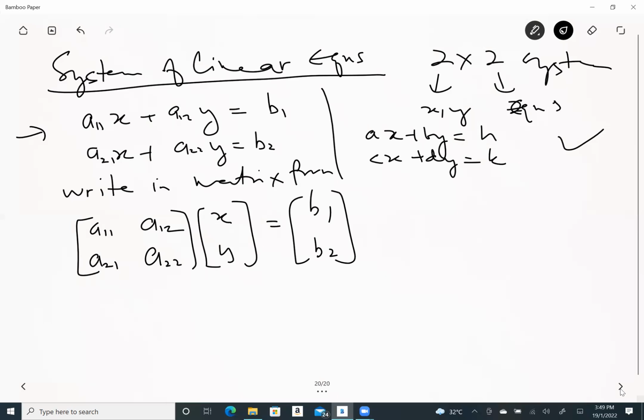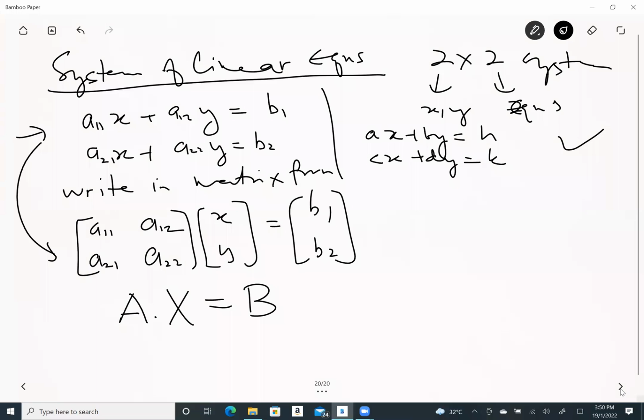So that is the matrix form of the equation. So if you multiply that out, okay, A11X plus A12Y, you got the first equation equal to B1. You multiply the second row with the column matrix, you get equation number 2. So that form, you can rewrite in simple notation, AX equal B.